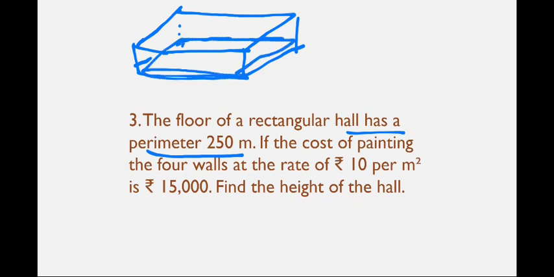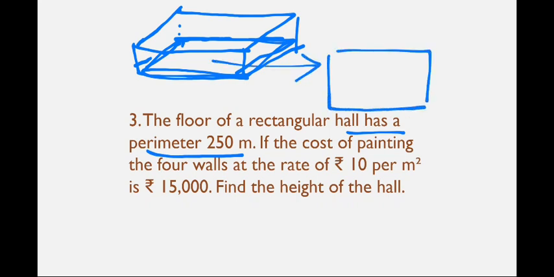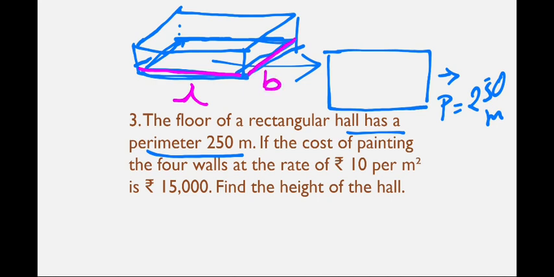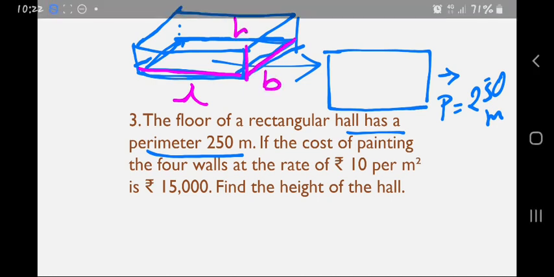The bottom floor is in the shape of a rectangle, and the perimeter of it is 250 meters. In this cuboid, this dimension is length, this dimension is breadth, and this one is height.